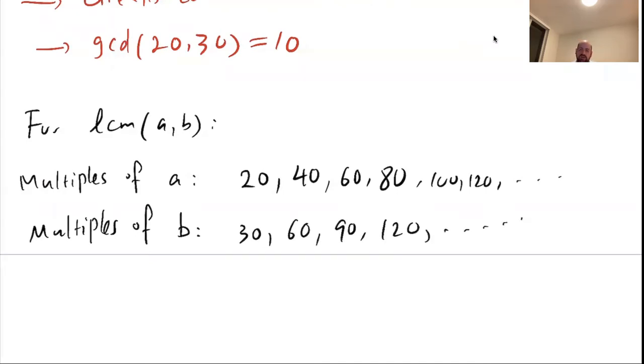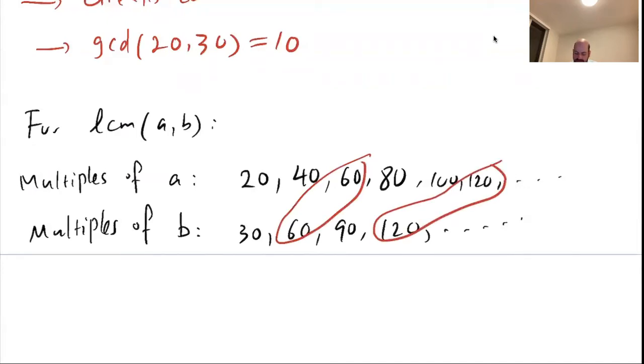Then we need to look at the common multiples. Remember, we're looking for least common multiple. So common multiple, 60 is a common multiple. 120 is a common multiple, and so on.